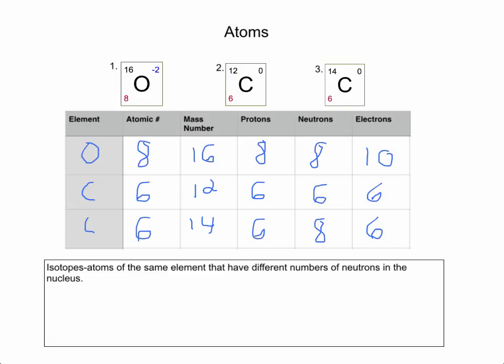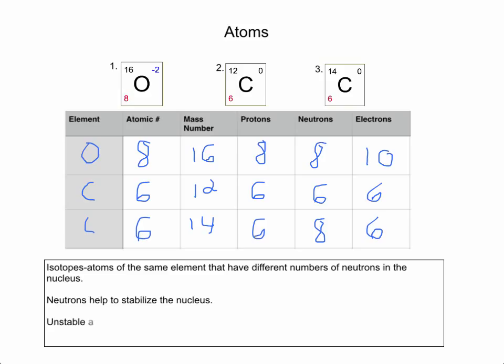And, well, why does this matter? Well, neutrons help to stabilize the nucleus. So depending on the mass number of an atom, you could have a stable atom or an unstable atom.